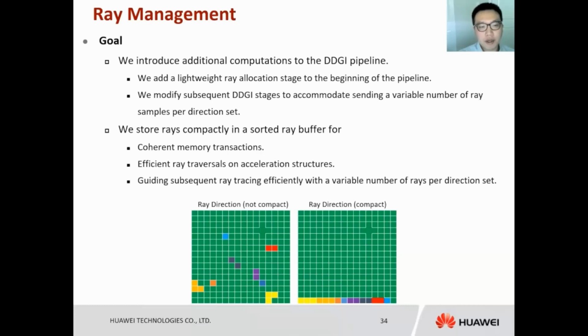We store rays compactly in a sorted ray buffer for coherent memory transactions, efficient ray traversal in acceleration structures, and guiding subsequent ray tracing efficiently with a variable number of rays per direction set. We highlight how we compact this in the following figure, which shows that our compact buffer can produce sorted and compact data for subsequent stages.